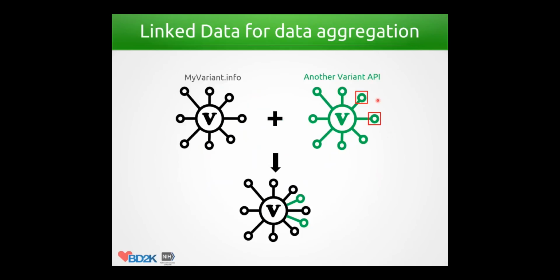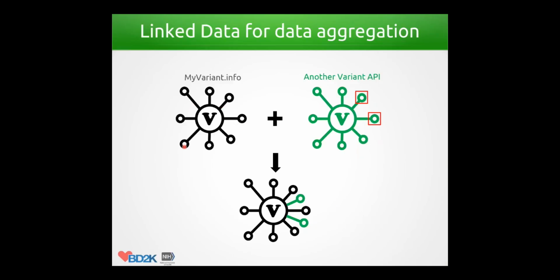They probably have another variant API, and we have some common annotations, like the gene, which transcript, the type of variant, and whether it is disease causing. But their API probably has some of its own specific data. This collaborator has the allele frequency in some specific population genetics study, which we don't have.